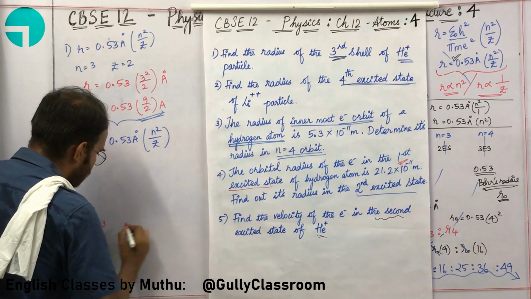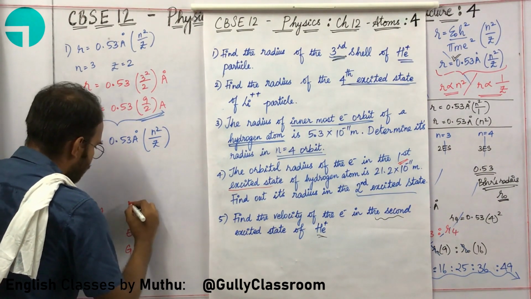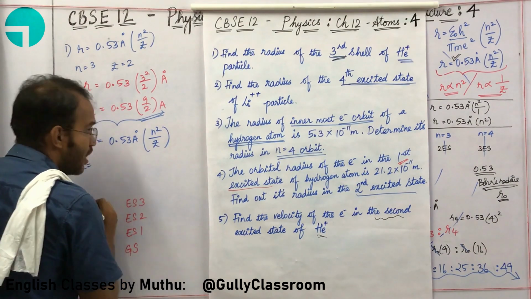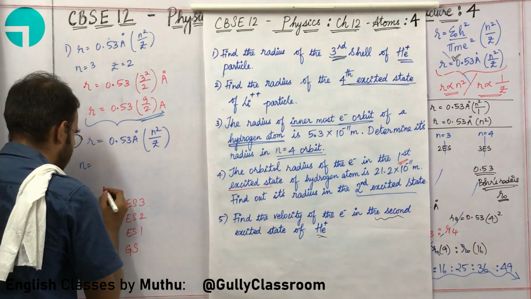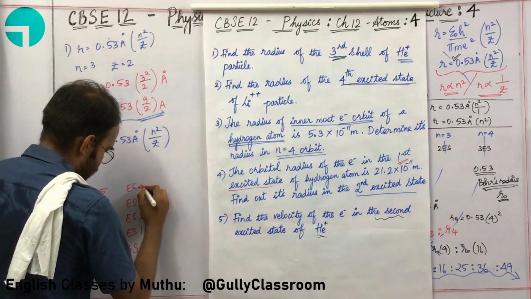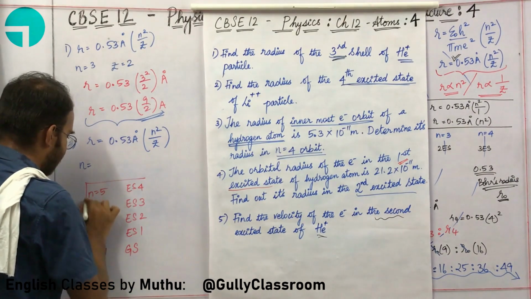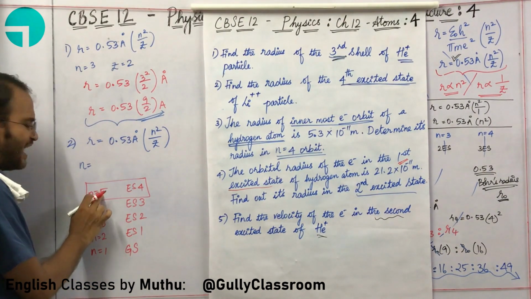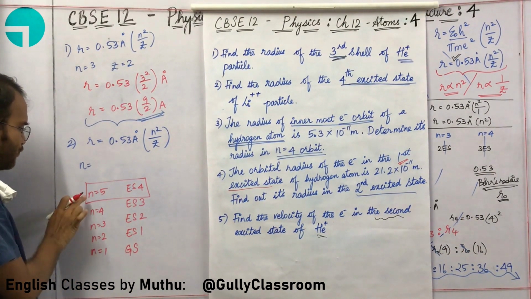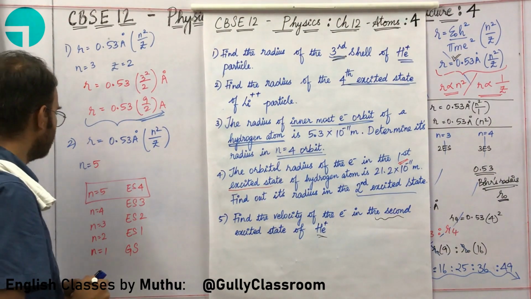For n equal to 3, you have excited state 2. For n equal to 4, you have excited state 3. They are asking for the fourth excited state. For n equal to 5, you have excited state 4. So for the fourth excited state, the n value is 5. So I am going to write a 5 over here.